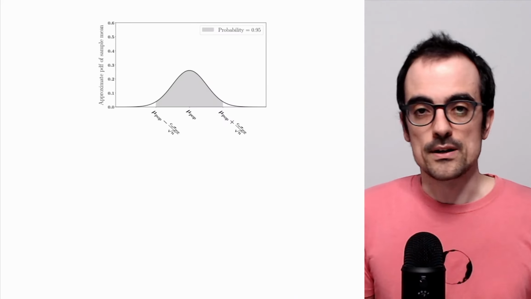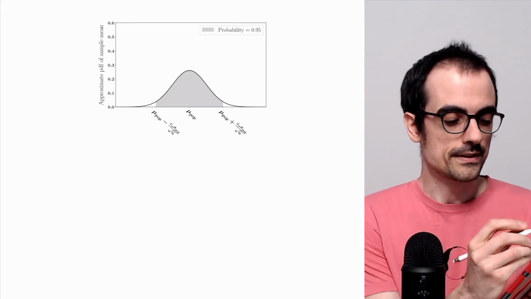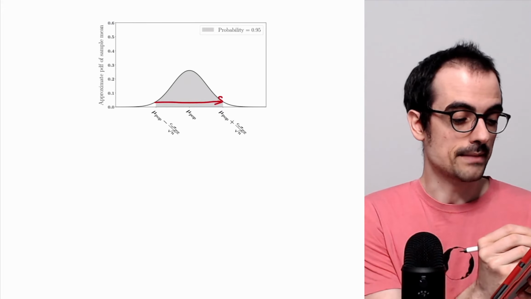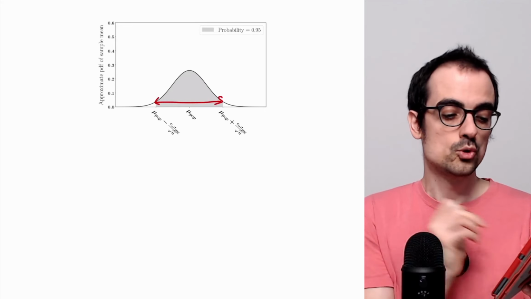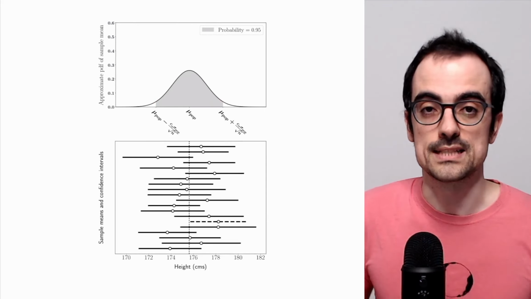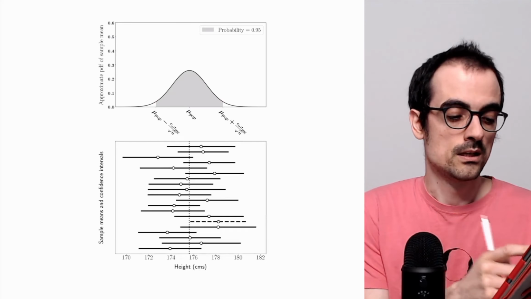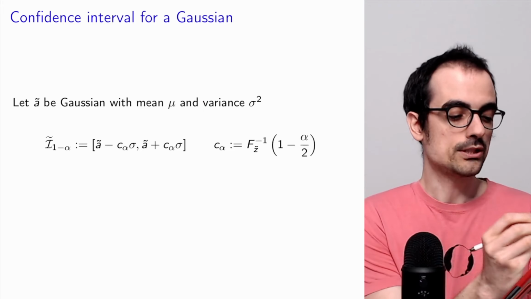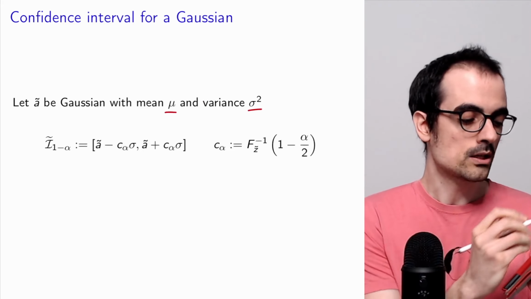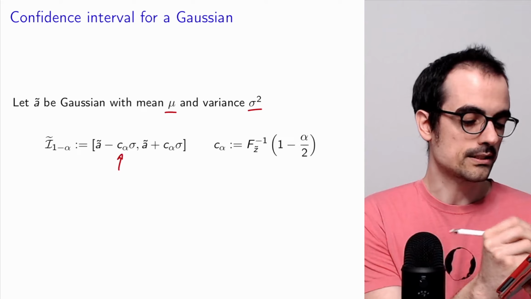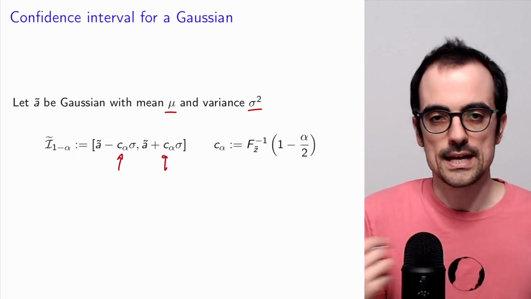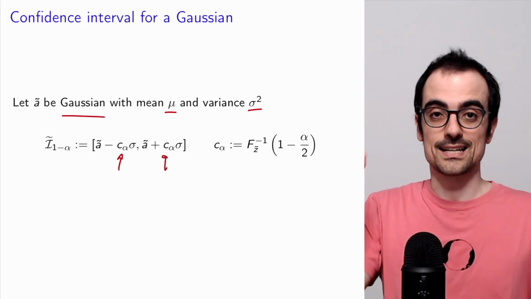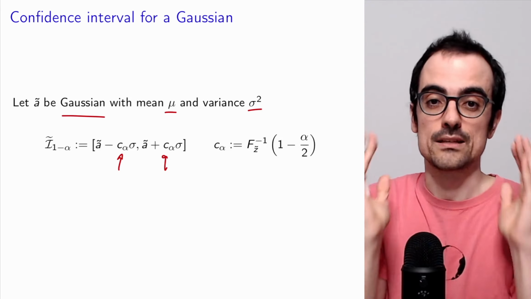Again, let us remember how we actually use this to build confidence intervals. Basically, if we have the standard error, we can estimate this width and then shift it to obtain confidence intervals for the sample mean. And we can do this based on the bootstrap standard error. Remember that for any Gaussian with mean mu and variance sigma squared, we can find a constant which we need to multiply with the standard deviation of the Gaussian in order to find exactly the interval that contains 0.95 probability.